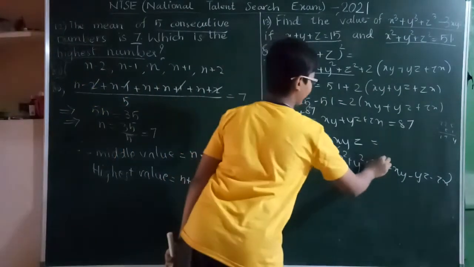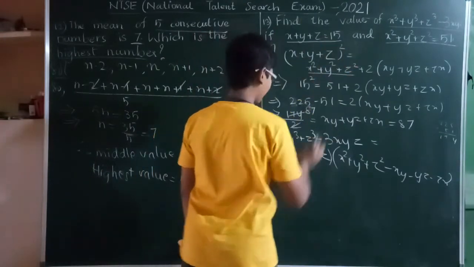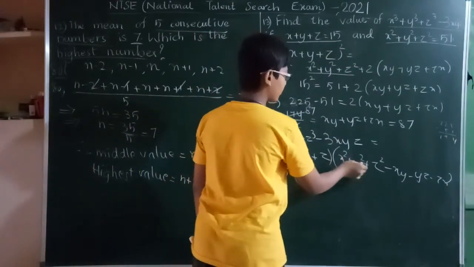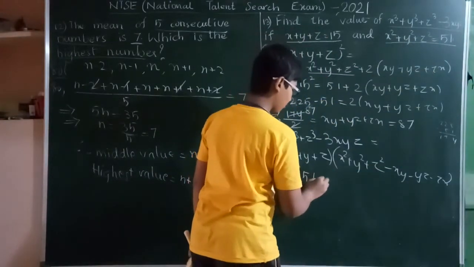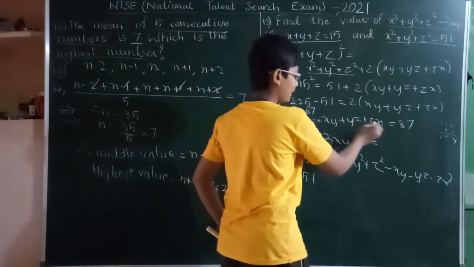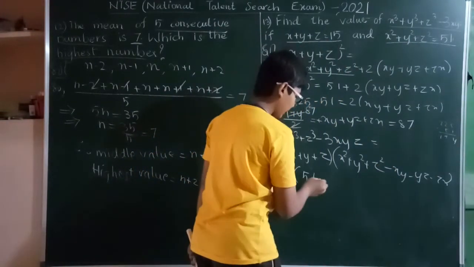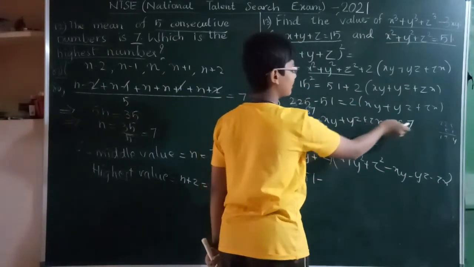Here x plus y plus z is 15, and x square plus y square plus z square is 51, minus xy plus yz plus zx, which is 87. Keep the minus sign.